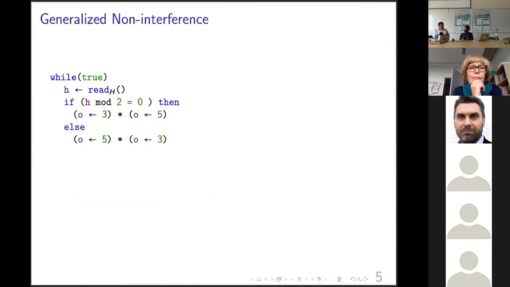So in some sense, this program is clearly secure because by observing the output of this program, we cannot infer any properties about the input propositions. However, this program does not satisfy observational determinism because the non-determinism in our program can cause the program to output different values on different traces.